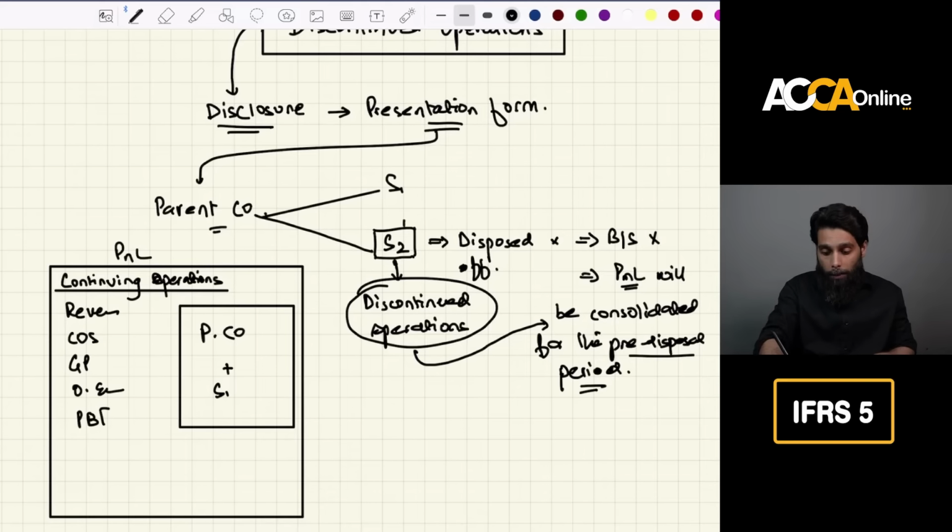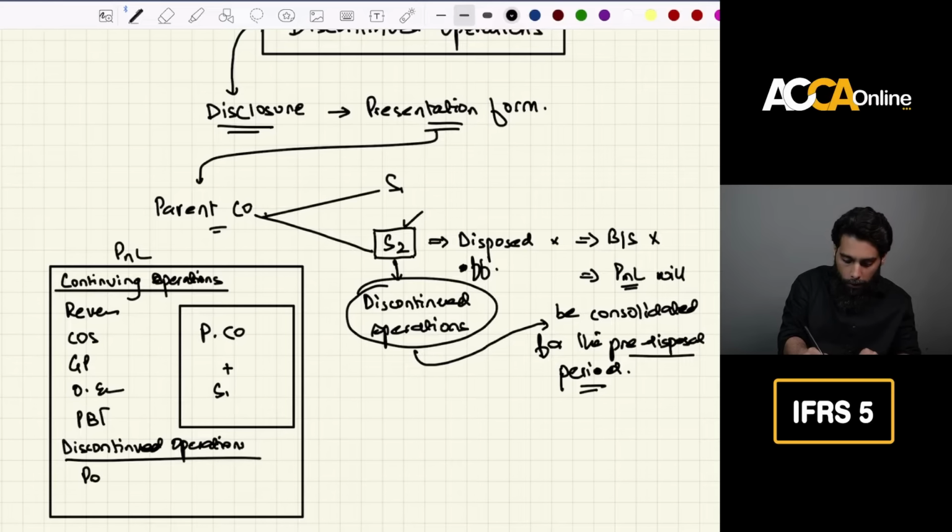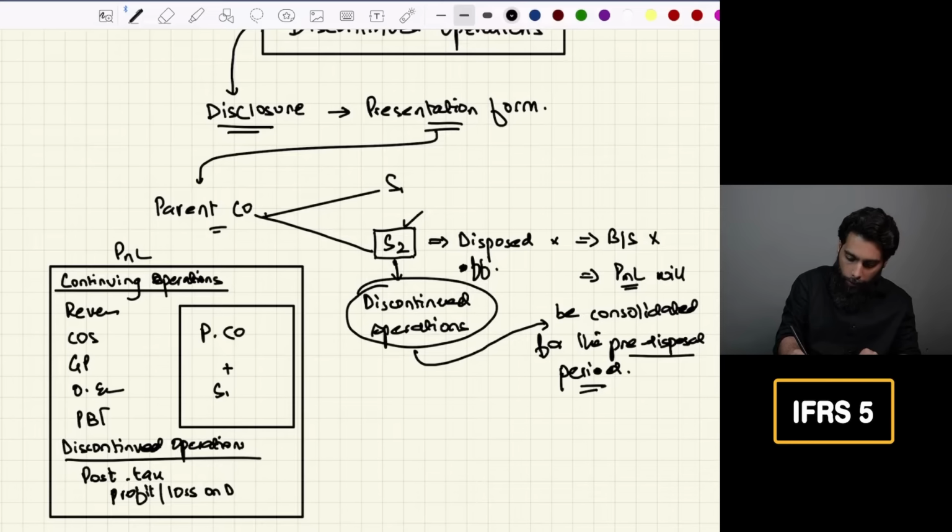And then if subsidiary number 2 falls within the definition of a discontinued operation, you will be making another heading for discontinued operations. And here you will be showing the post-tax profit or loss on discontinued operation as a single line item.